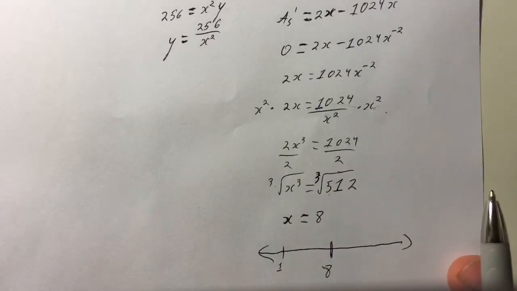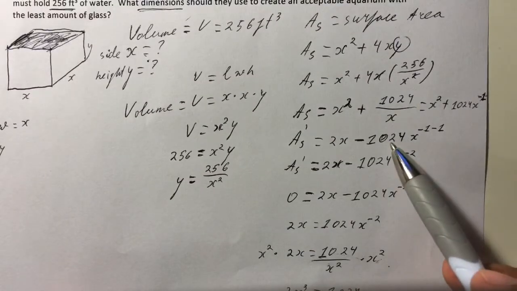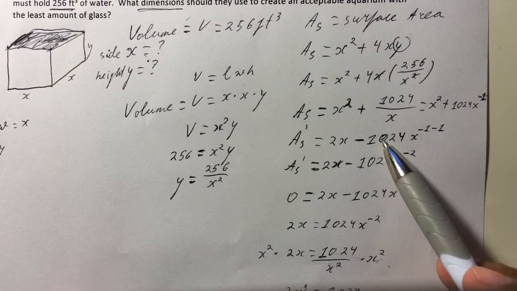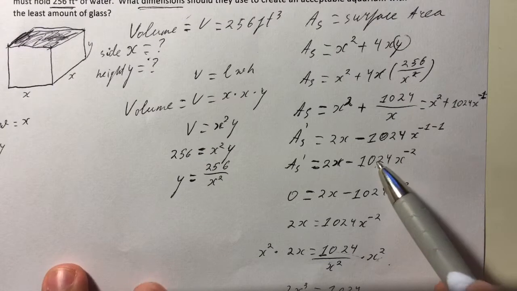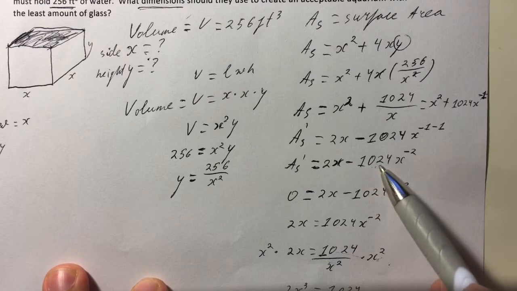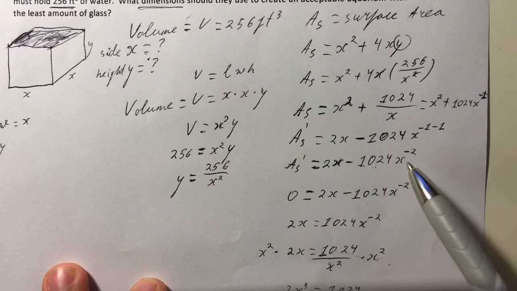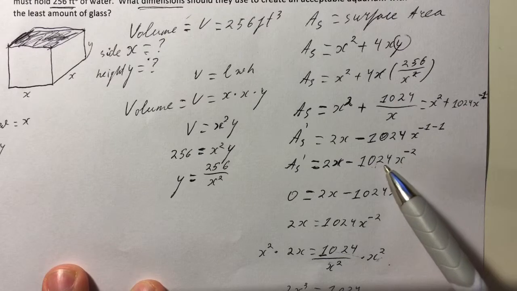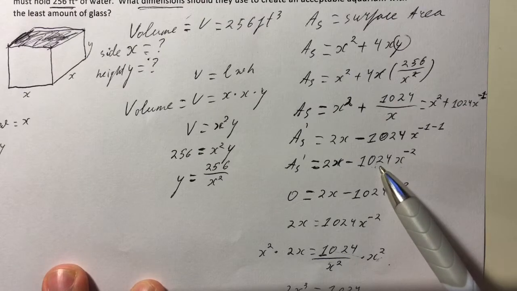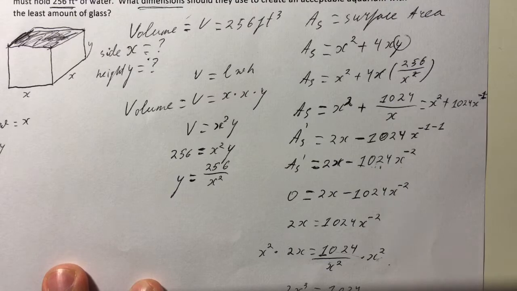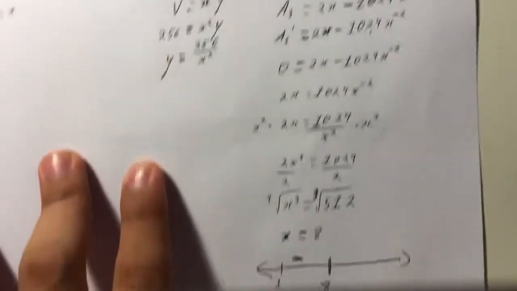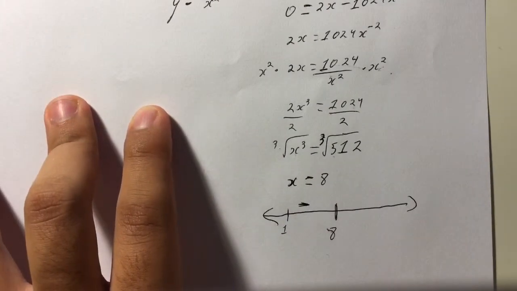So what you want to do after that is plug it into the derivative equation, right? And so whenever you plug 1 into the derivative, it comes out to be negative right there. We're going to show that on the number line.